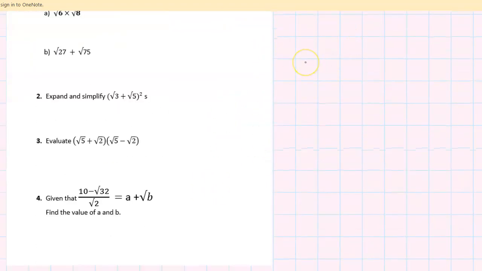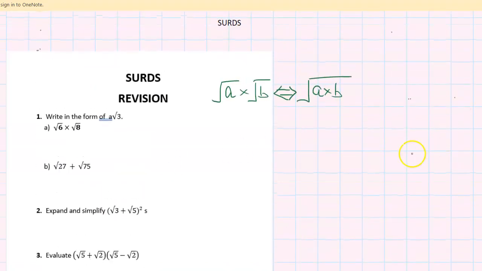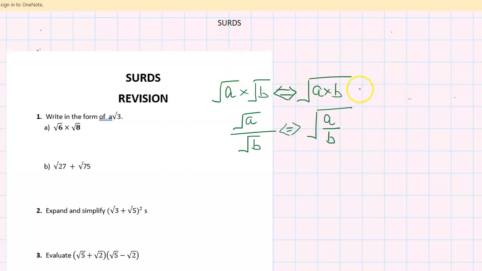For example, we have root A over root B. It can be written as root of A over B, so it can go on both sides. For example, if we have root 2 multiply root 3, you can write it as root of 2 multiply 3, that is root 6.